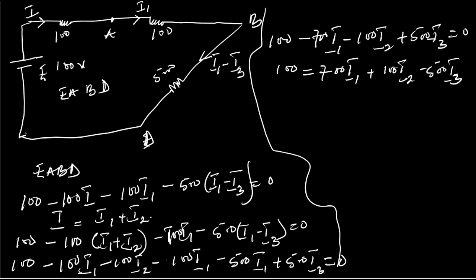Let's rearrange for convenience and divide all through by 100. Now this becomes 7I1 plus I2 minus 5I3 equals 1. We have divided by 100 all through, so this is just 5, not 500.